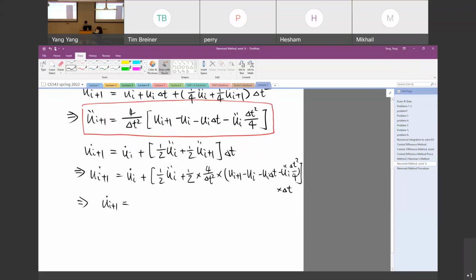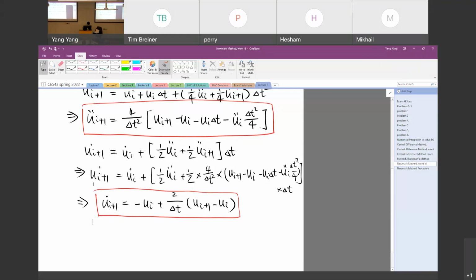So that's equal to minus ui. This is another equation we will use. So we substitute this one.